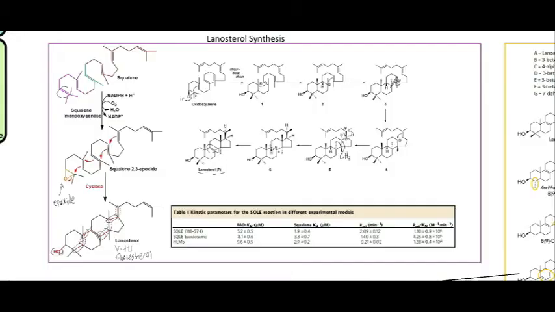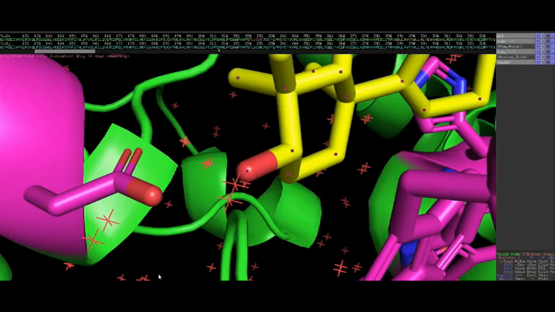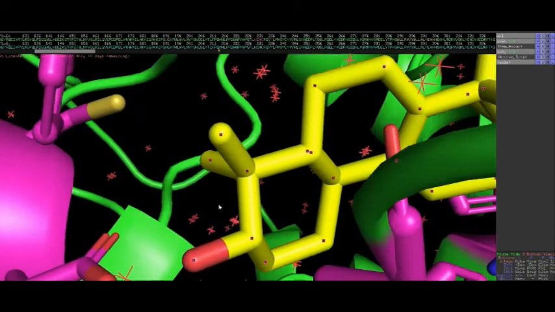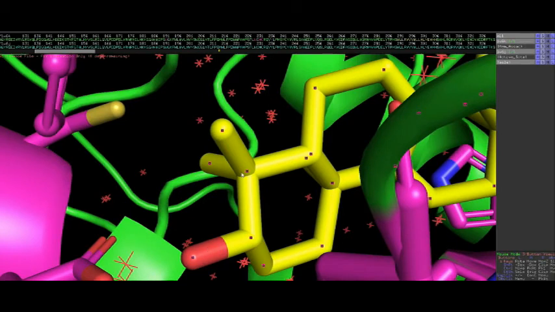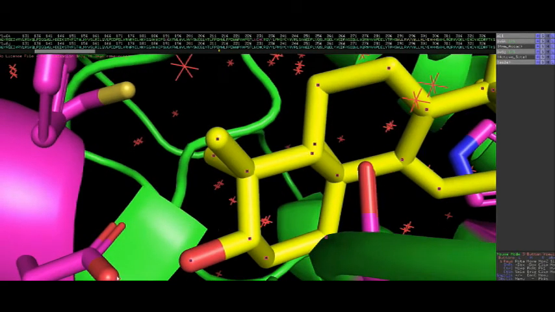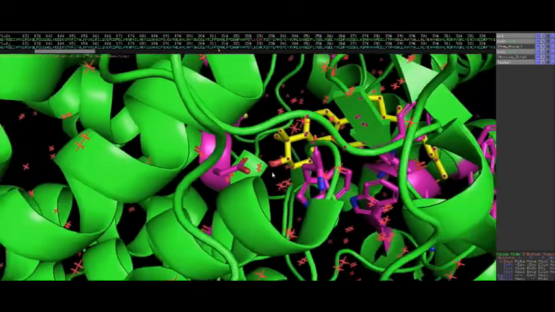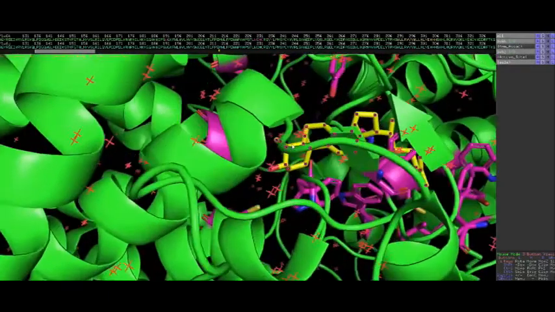And so if we look back here, we see these 2 methyl groups right next to it, which is where that epoxide was bound. So we would have a 3-member ring here with an oxygen. Like I said, the hydrogen that's being donated is likely coming from that aspartate right there.